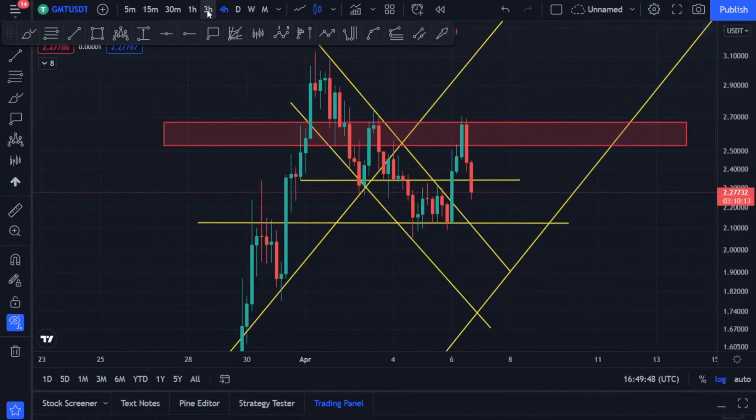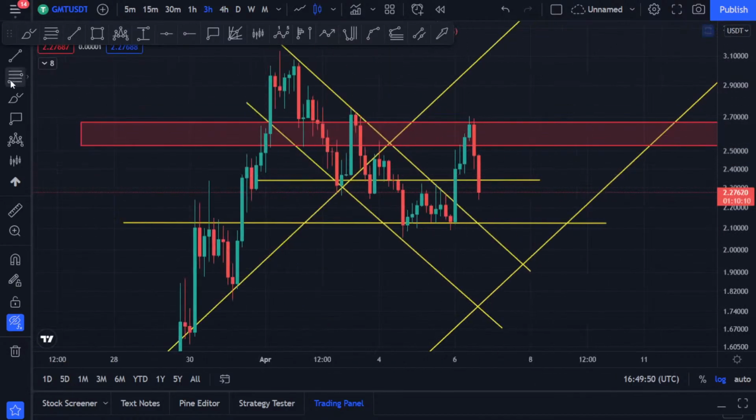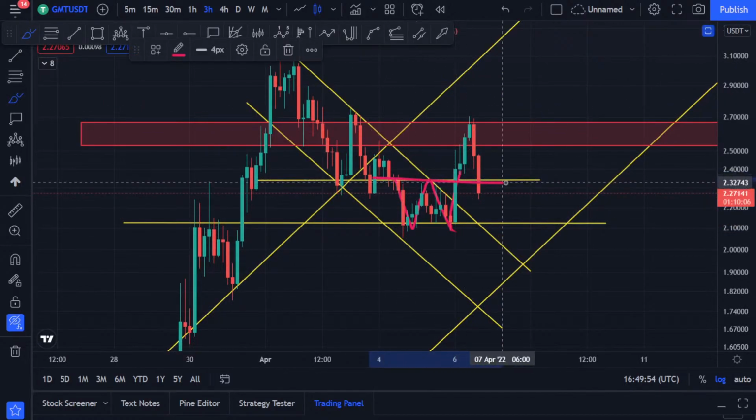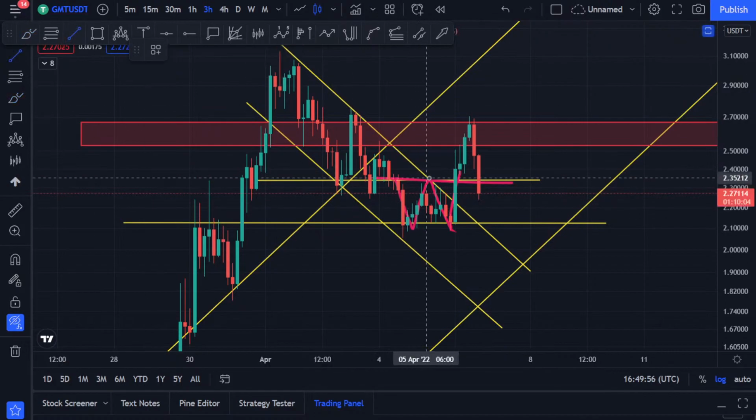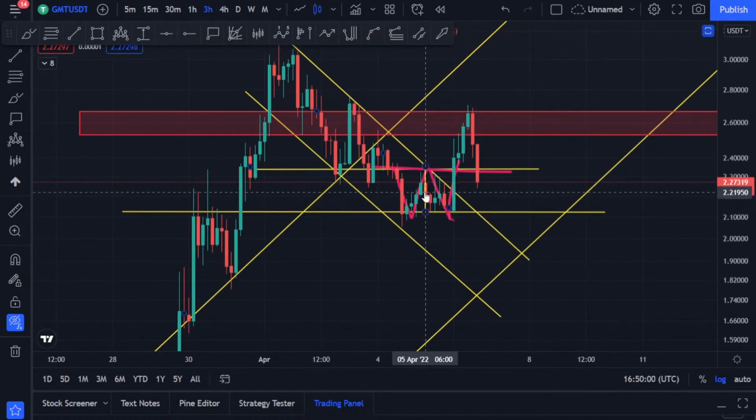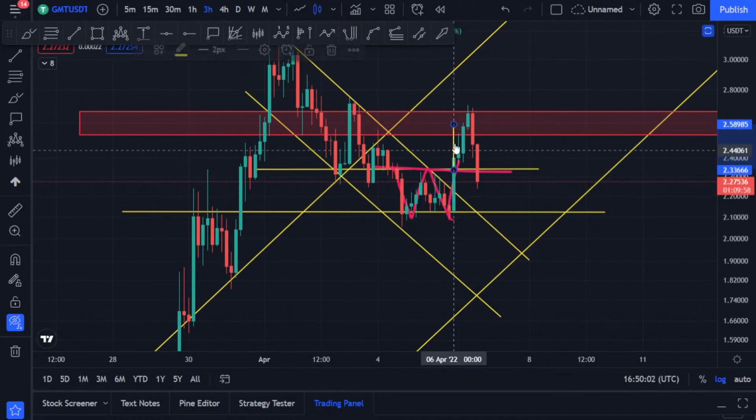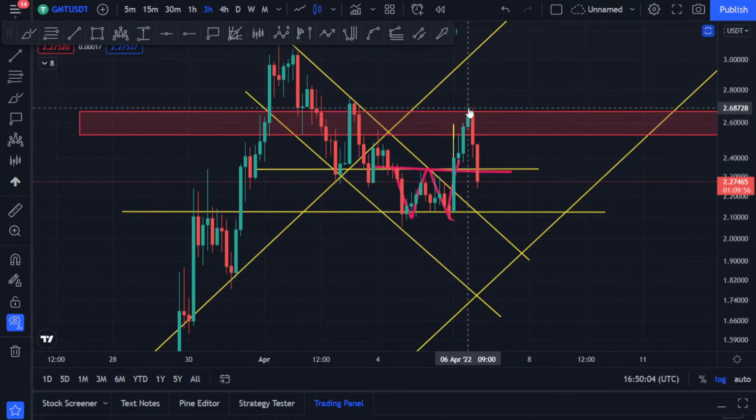And you can exactly see if you go in the 3 hourly time frame, you made this double bottom formation, you broke it towards the upside. That was a price target towards the upside, and as soon as we came here, this was your price target, but we hit all the way up over here where I made this red box.